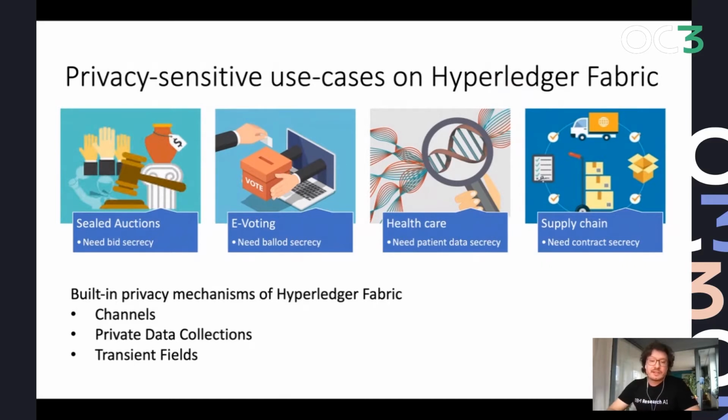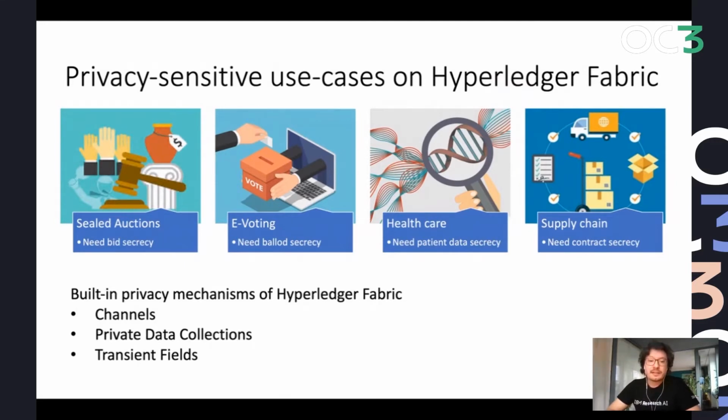Private data collections, for instance, is a mechanism which allows us to just store a hash of the data on the blockchain and then disseminate the data in an offline fashion among all the required participants.